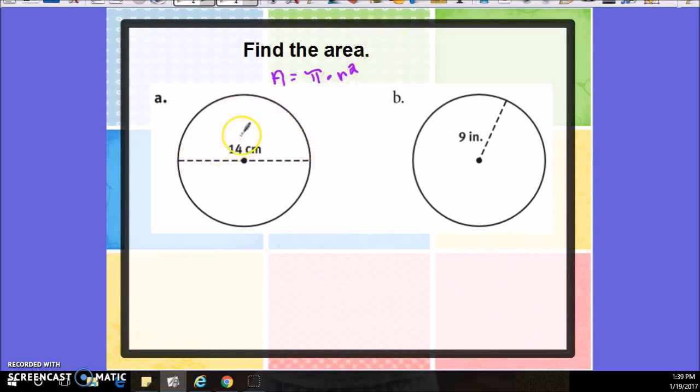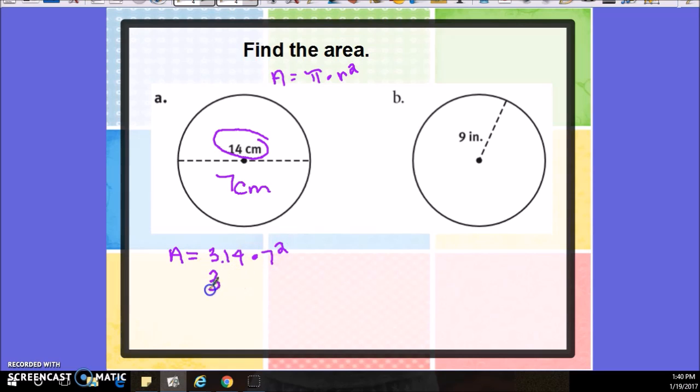For A, what information do we have provided? 14. What is 14? The diameter. If 14 is the diameter, what is the radius? It's half of the diameter, which would be 7 centimeters. To find area, we do area is equal to 3.14, because that's what we're using for pi, times 7 squared.